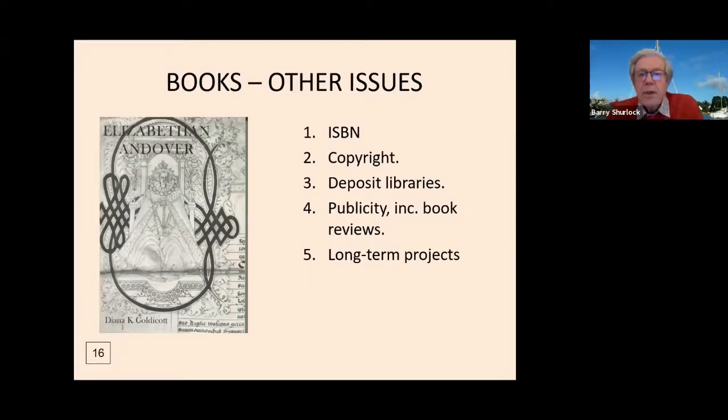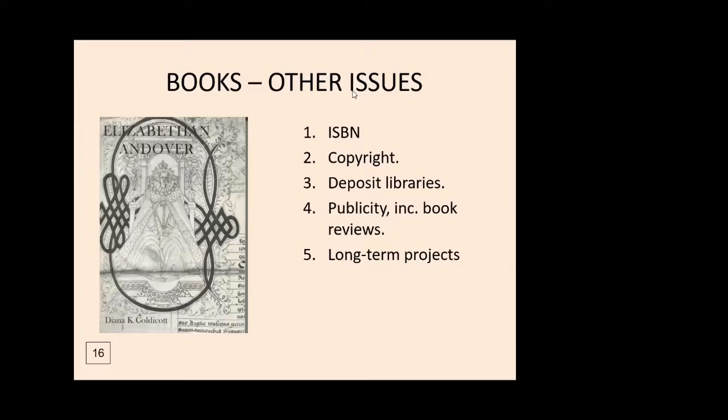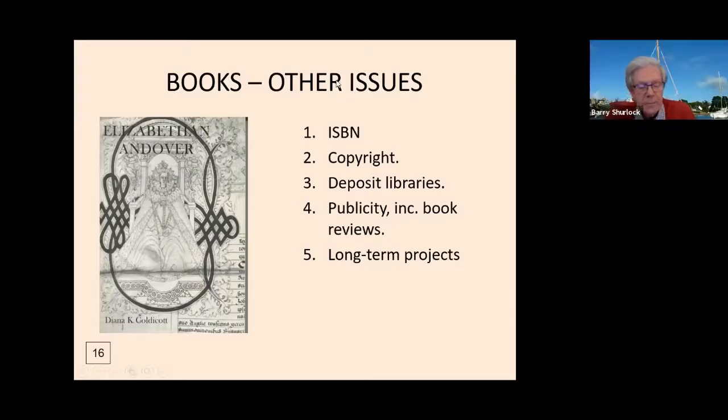The next thing is deposit libraries. Legally, every published book should be sent to an address in Edinburgh for distribution to the libraries of Oxford and Cambridge, the British Library, the National Library of Wales, and Trinity College Dublin. There's an empire hangover, isn't it? Not Belfast, Dublin.